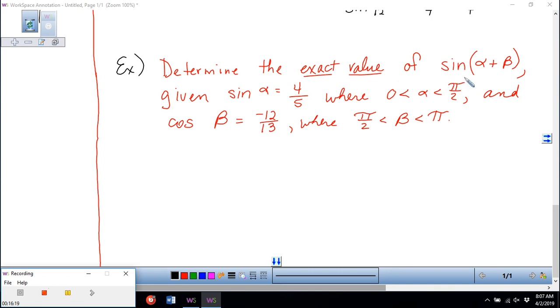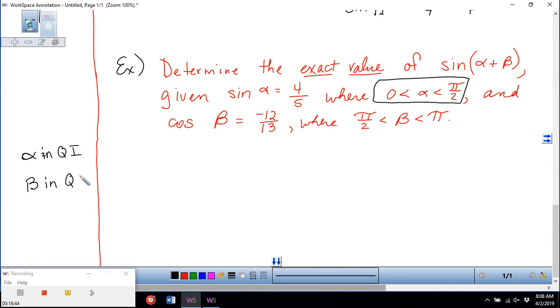Now, first thing we're going to notice is we need to figure out where this is on our circle. So if we're between 0 and pi over 2, that means we are in quadrant 1. So alpha is in quadrant 1, and beta is between pi over 2 and pi. That means beta is in quadrant 2.